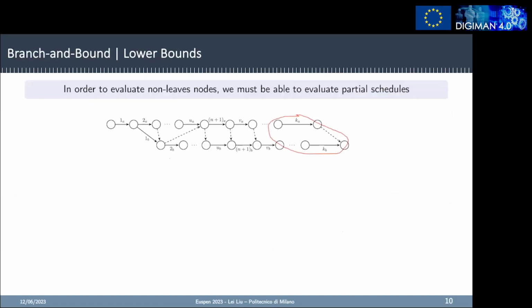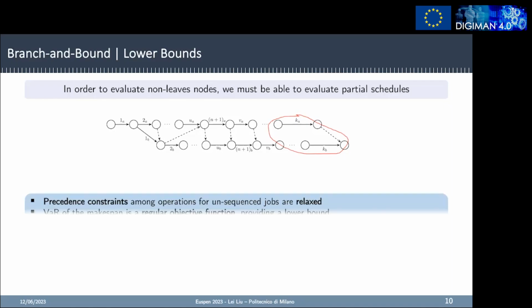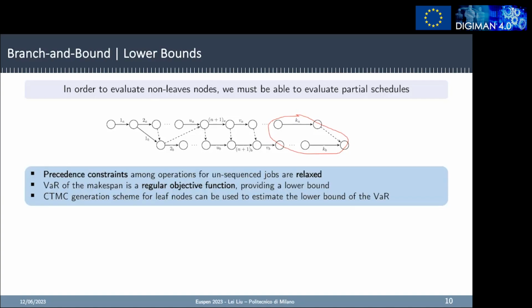Okay, for the non-leaf nodes, we must be able to evaluate the partial schedules. Firstly, we denote the unassigned jobs on machine A and machine B as KA and KB respectively, and also we relax the precedence relations between KA and KB. Also, since the VaR of the makespan is a regular objective function, this can be proved to be a lower bound.